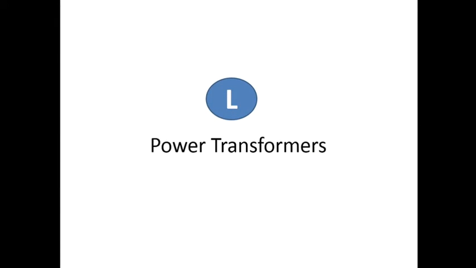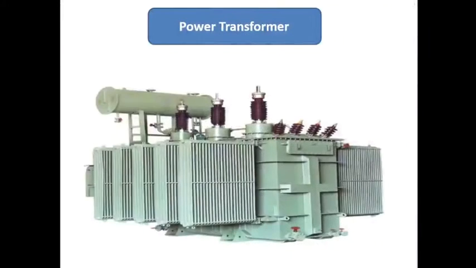Today we discuss power transformer. Now, this is power transformer. This is the head of the power system in the world. At generating station, transmission system, and distribution system, we need power transformer.